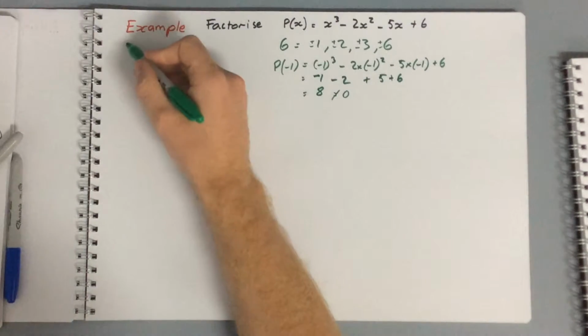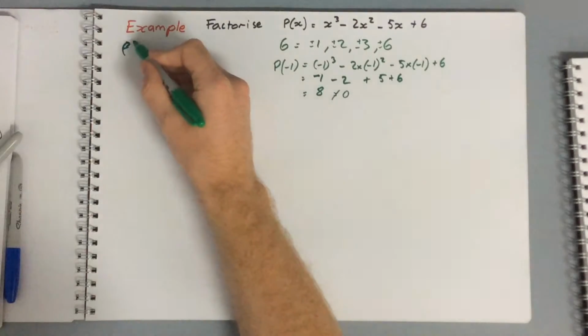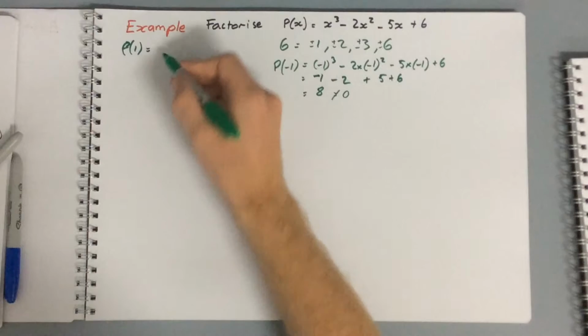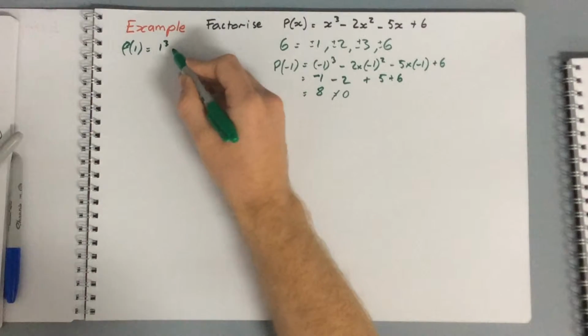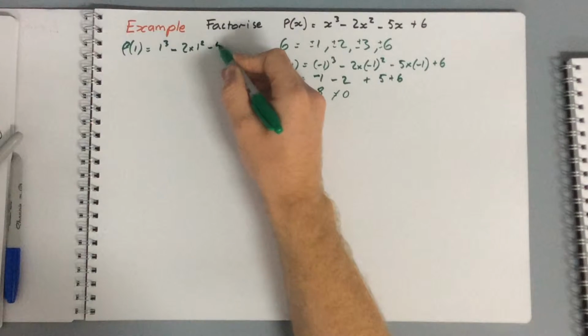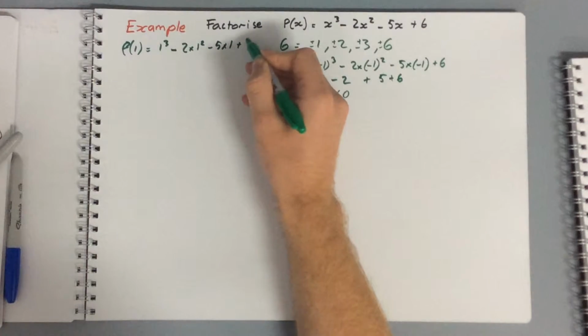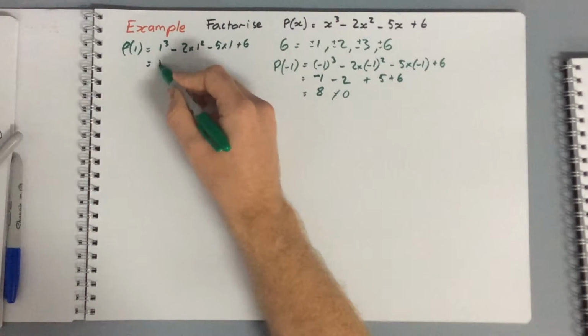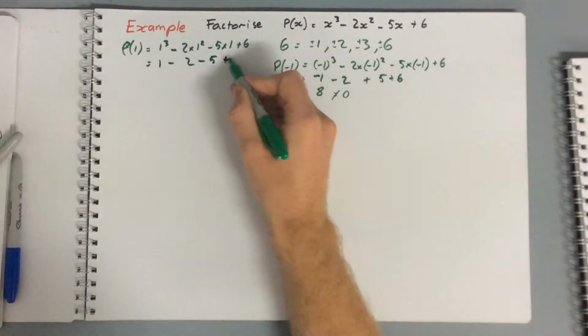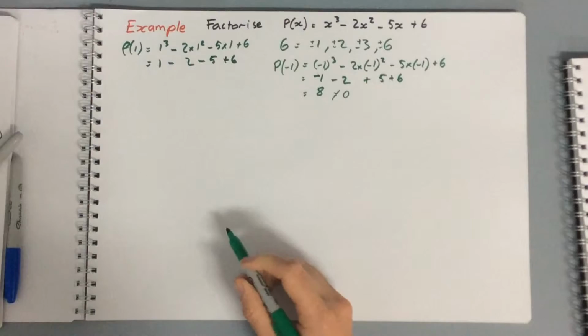Let's have a look at positive 1. P of 1: we've got 1 cubed, take 2 times 1 squared, take 5 times 1 plus 6. 1, take 2, take 5 plus 6.